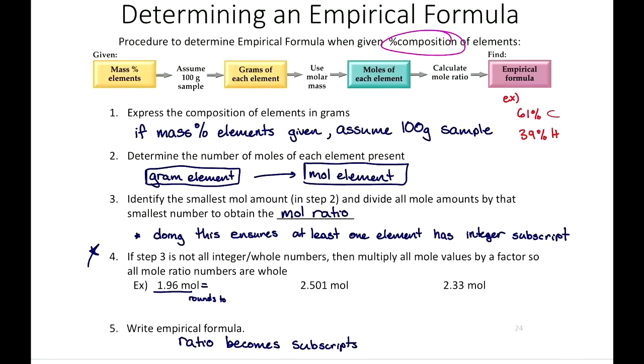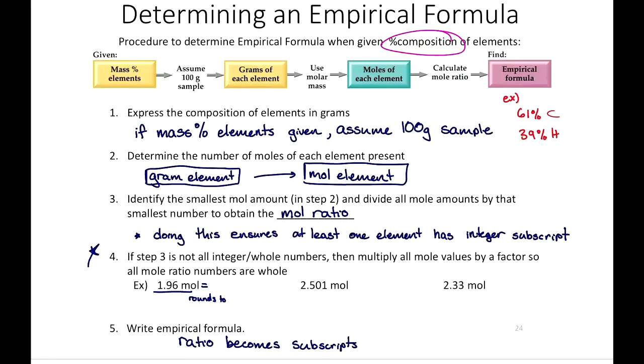You want to assume that you have 100 grams of sample. Because if you do that, then those percentages become gram amounts. And then we can work with gram amounts, right? If you have a gram amount of carbon, we can convert that to moles. If we have a gram amount of hydrogen, we can convert that to moles, right? So the strategy here is convert percentages to gram amounts.